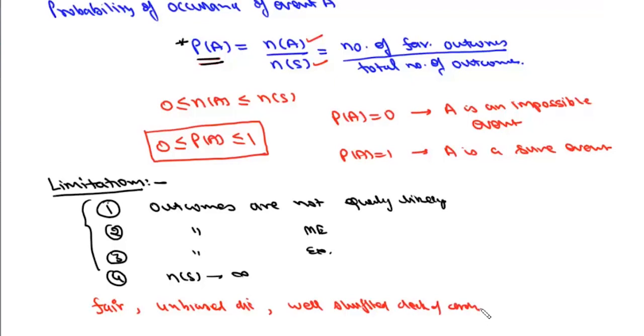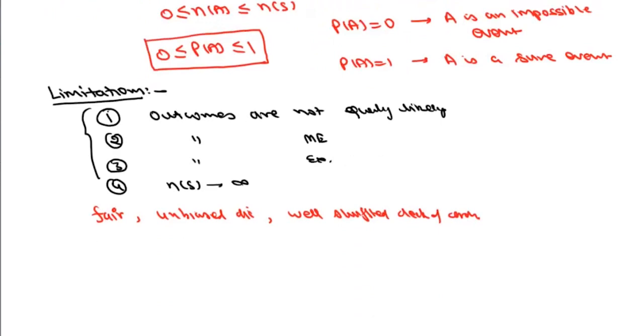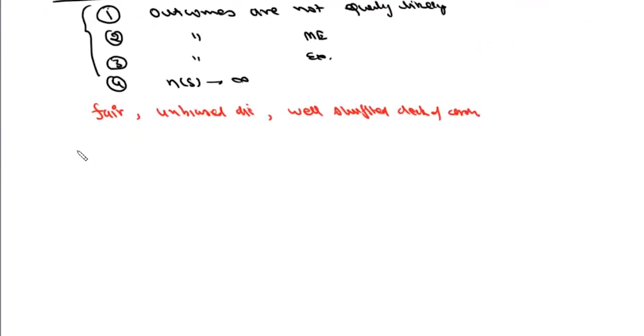Now, using the classical definition of probability, everything you have studied in permutations and combinations can be turned into a probability problem. Say, for example, suppose a problem in permutation and combination is we have 6 boys and 4 girls.